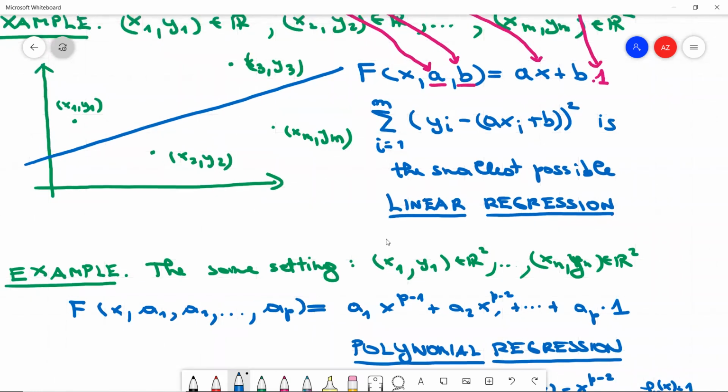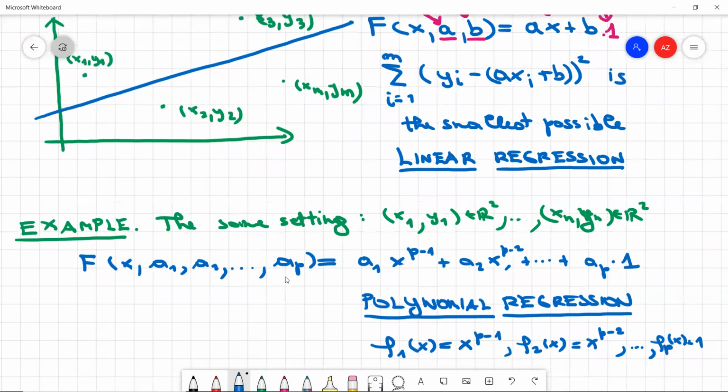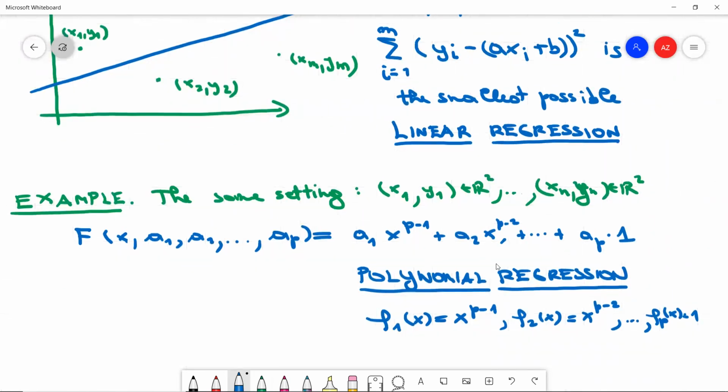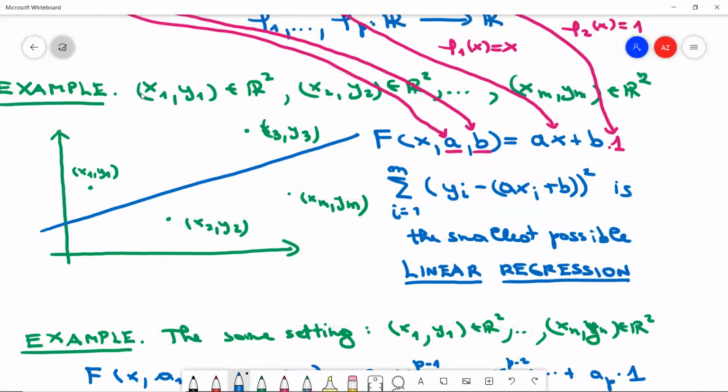Okay, this is one example, linear regression. The other example is polynomial regression. And here we fixed x's to be real numbers, but if x's were tuples of real numbers, as was stated at the beginning, then this function f would not be of the form ax, but would be of the form a1 x1 plus a2 x2 plus a3 x3 and so on.